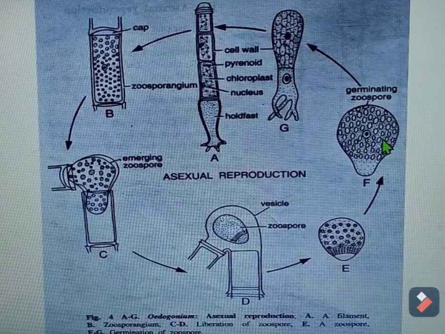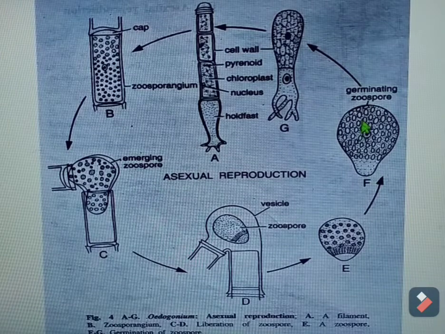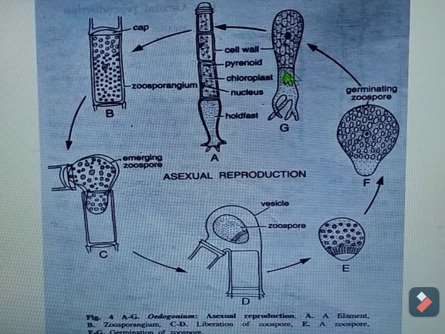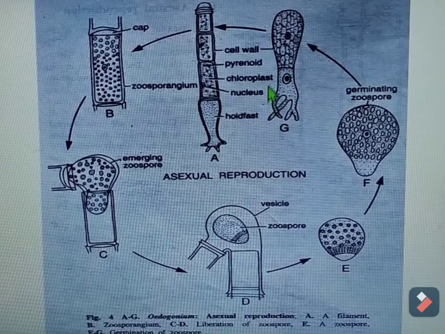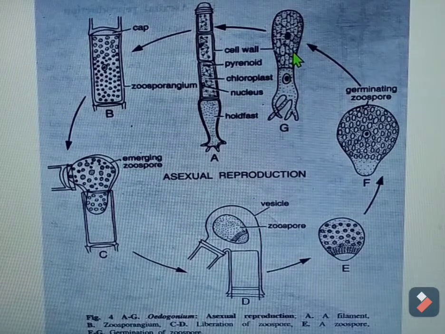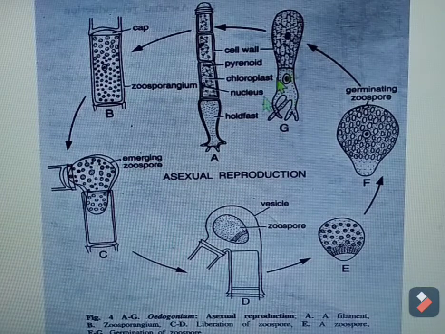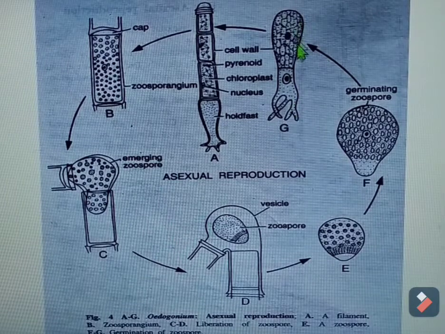Now, after it starts to elongate, you can see in figure G that a transverse septum starts to form, which will separate the basal hyaline holdfast. Remember, in the previous video I mentioned what this holdfast is. This septum separates the hyaline holdfast from the apical green cell.